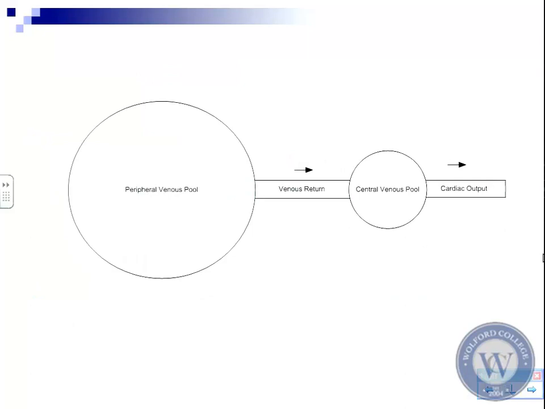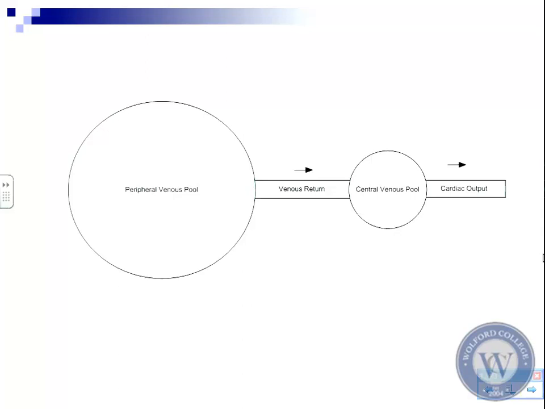So here's a representation. This is your peripheral venous pool. You can see how much larger in surface area it is in comparison to your central venous pool, which is what is now going to be available for the cardiac output. I've simplified this drawing for you in the sense that I've given you the blood returning to the central venous compartment.